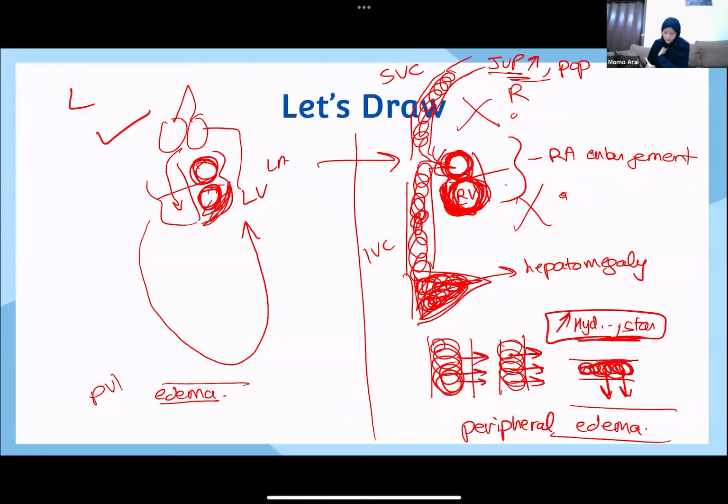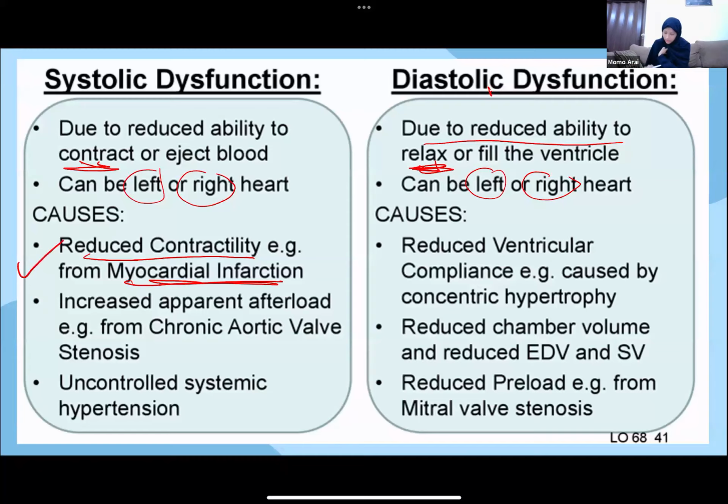Second thing is if you have increased afterload. So imagine this is the aorta, right? If you have increased forces, increased MAP against the blood flow from the heart, your heart has to work a lot more to overcome this afterload. So that's why it can't pump very greatly.